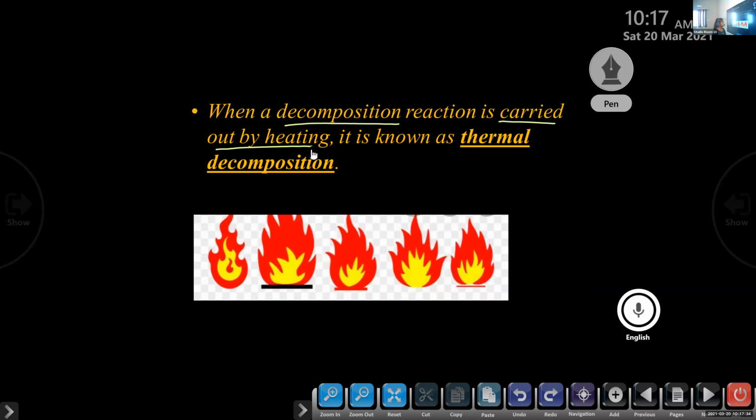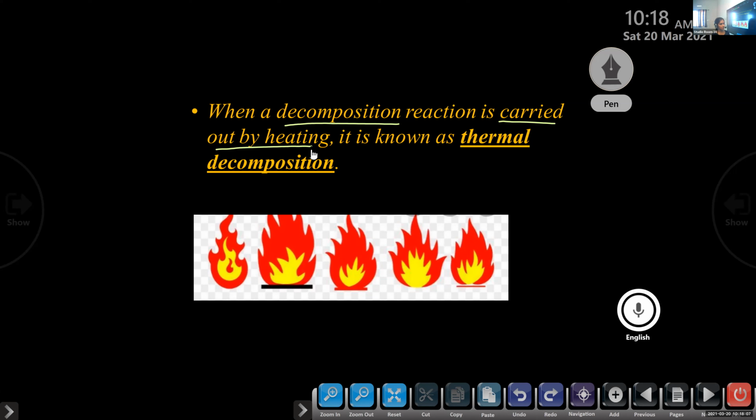Not only heat, but also light and electricity can decompose a compound. That's why here, this decomposition reaction carried out by heating is known as thermal decomposition. So the decomposition that is carried out through heating is known as thermal decomposition.